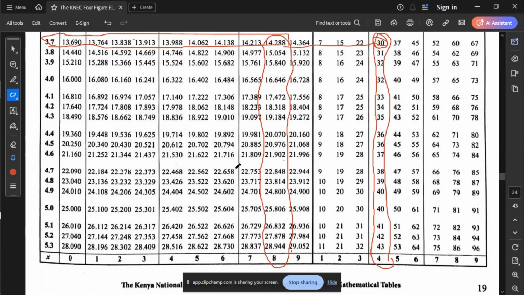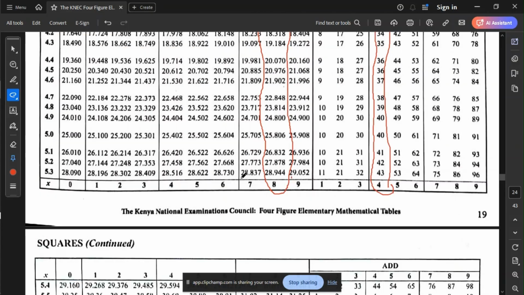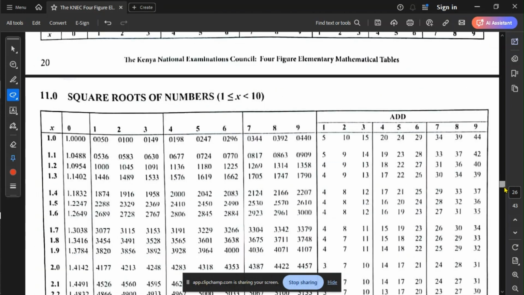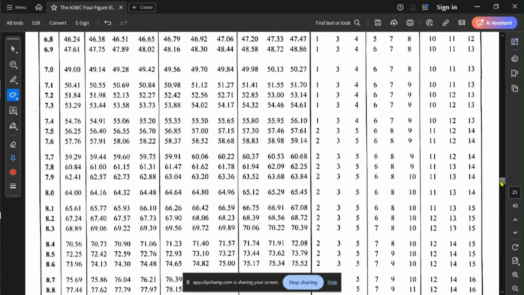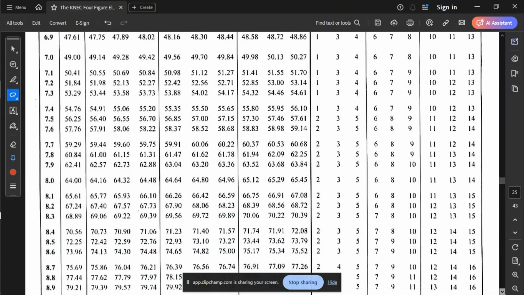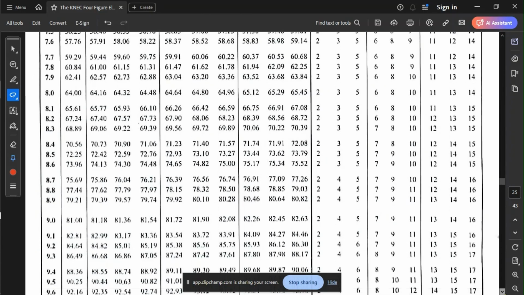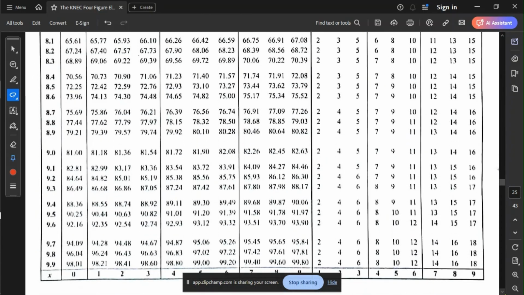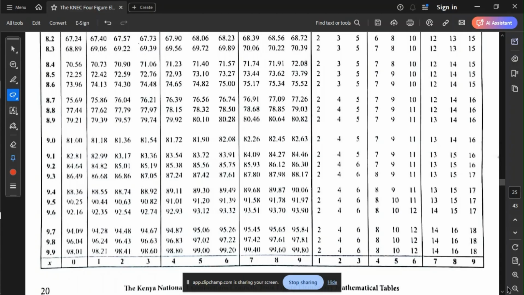You can also check yours. Have you gotten yours? Right. 9.8. This is my 9.8.